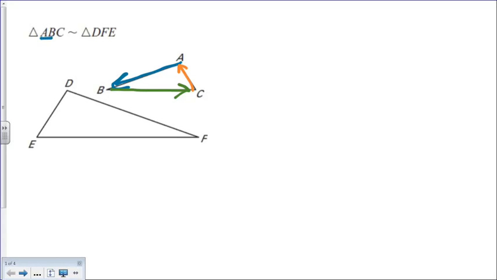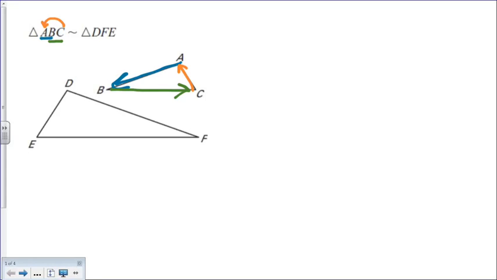AB is blue, BC is green, but CA, we go from here to here. So it kind of goes in a circle almost: A, B, B, C, C, A. Now, you're like, why are you concerned about this? Because it's similar and it has to go in the same order as the other one, which says DFE.